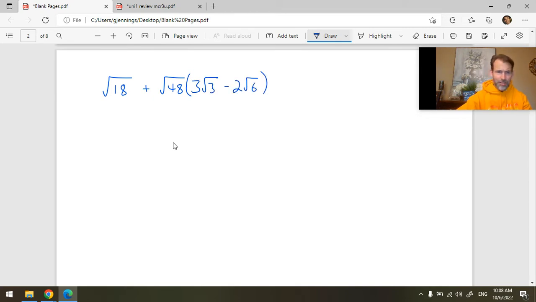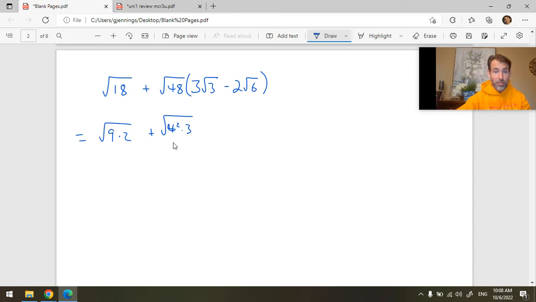Okay, let's simplify these first. It's probably going to be easier if we do that. The square root of 18 could be written as 9 times 2. I could have written 3 squared there. Plus the square root of 48 is 4 squared. This is 16 times 3.